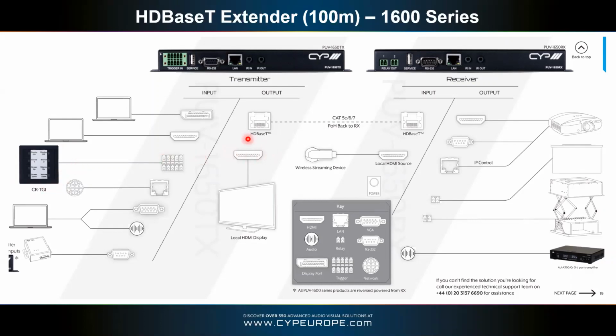As Kevin said as well, the transmitter then has that local HDMI output, which could either be fed on to a wider system if you want, or just used for a monitor. And then, of course, over LAN to the receiver end, and then you've got that local HDMI input, as Kev described, and then the variety of outputs, including things like the relay for use with projector lifts and screens, etc. There's an example on the bottom there as well of one of our zone amplifiers.